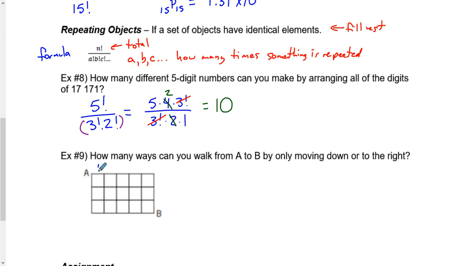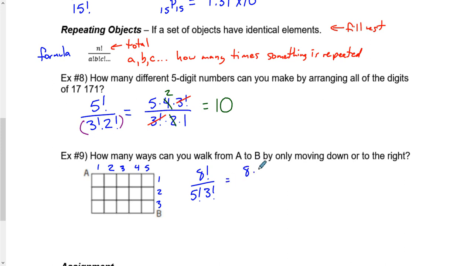Well, if we count it up, we have to walk 5 blocks to the right and 3 blocks down. No matter which way you go, that's a total of 8 blocks, divided by 5 of them being to the right and 3 of them going down.